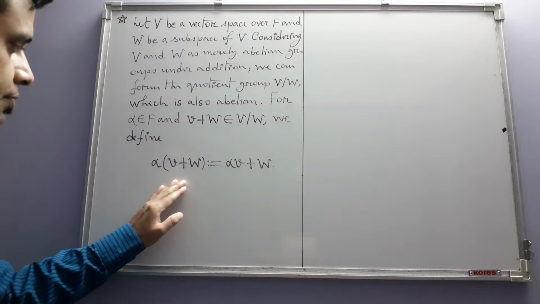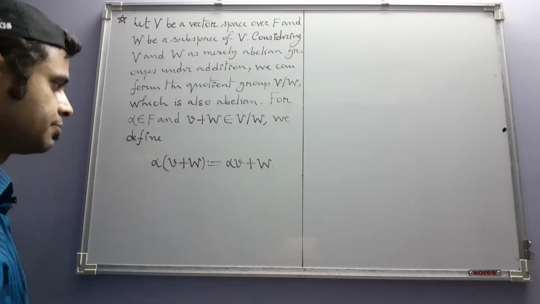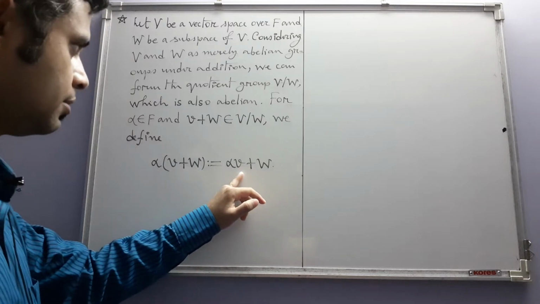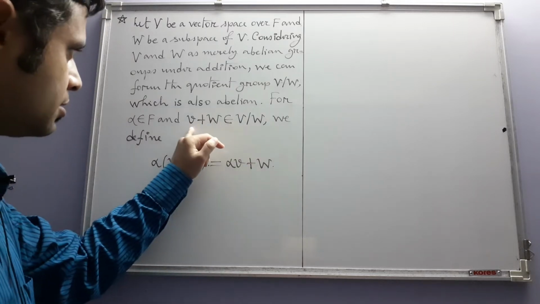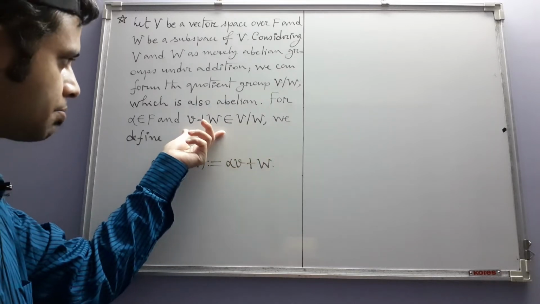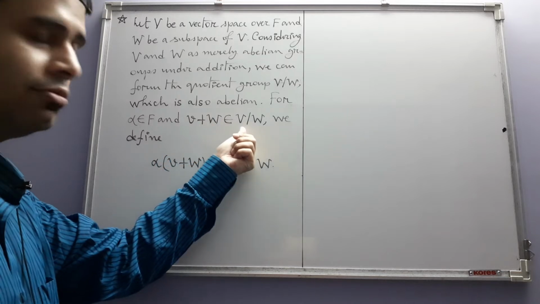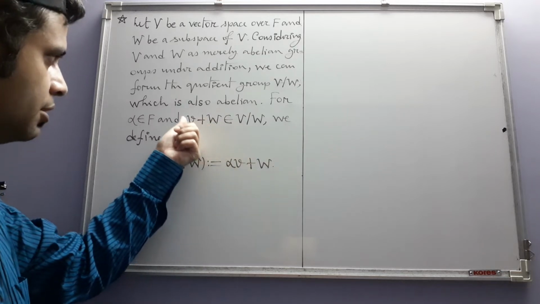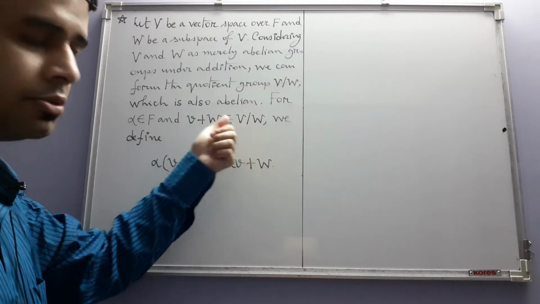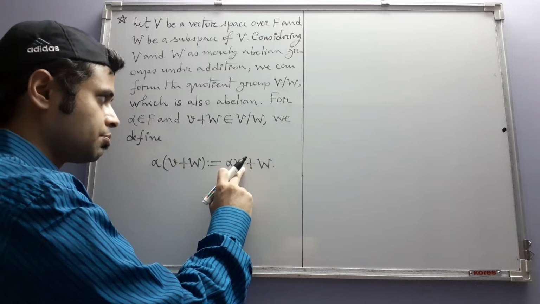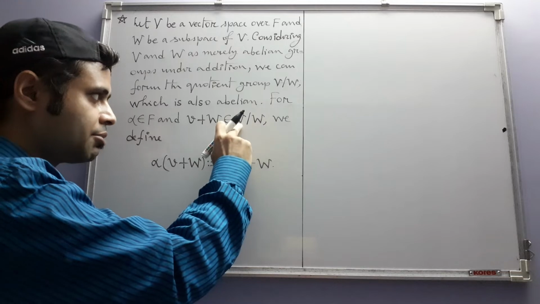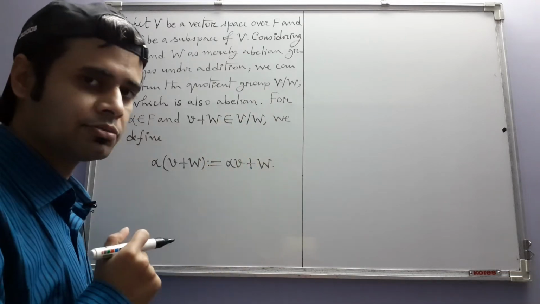Let us see what this really means. Alpha v plus W, what is it? Since this v has to come from capital V, because this is supposed to be a coset of W in V, the element that is being used to form this coset should come from the original group V. So this small v is in the vector space V. Sometimes we will call this capital V a group, sometimes a vector space.